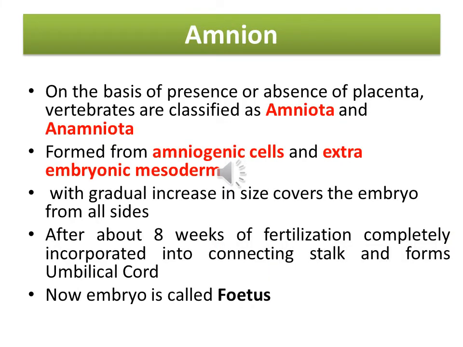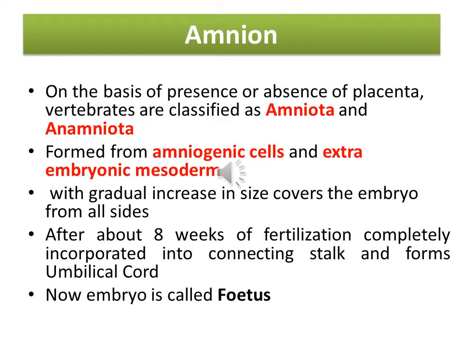Okay, let's see the next one, the amnion. Very important extra embryonic membrane. On the basis of presence or absence of amnion, vertebrates are classified as amniota and anamniota. By mistake it is written as placenta on the slide. In animal classification you might have learned this.